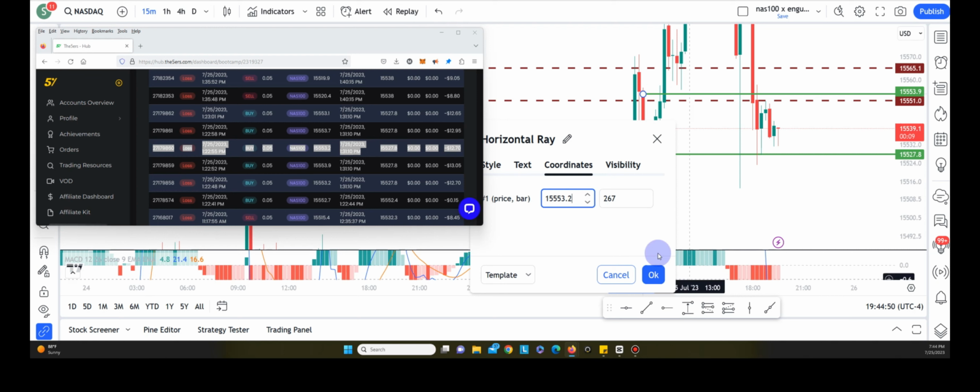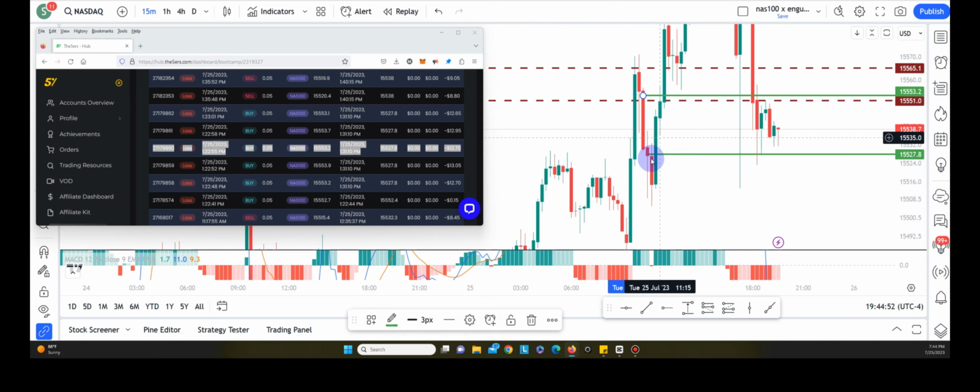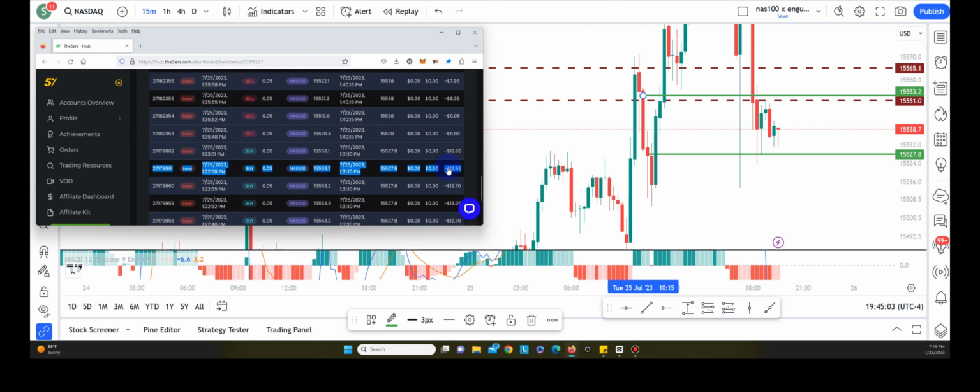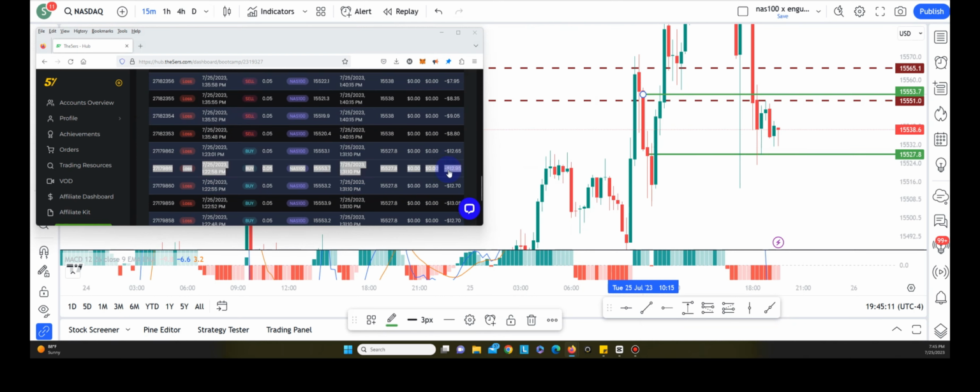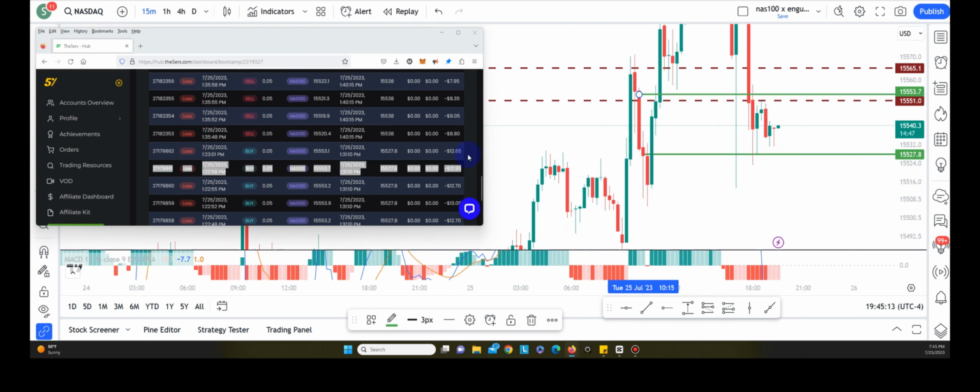This current one is 0.2. So we're moving to the 0.7 one. Let's move this down, 0.7. Total loss of 12.95. This one is a 0.1.